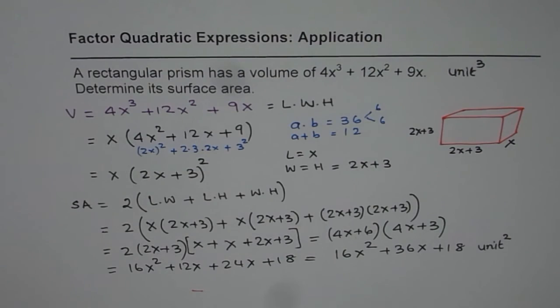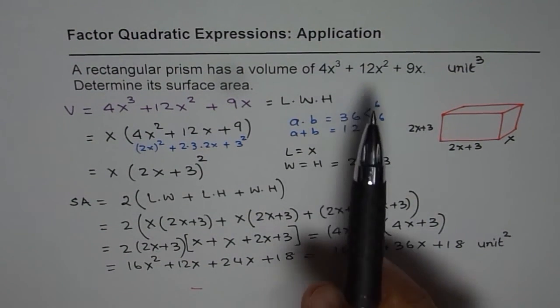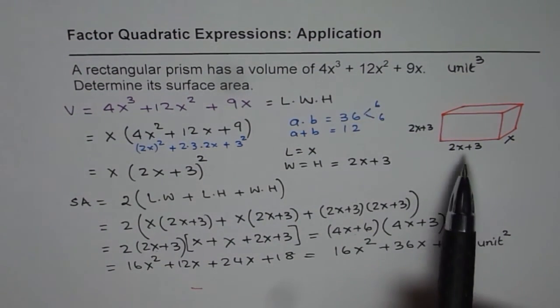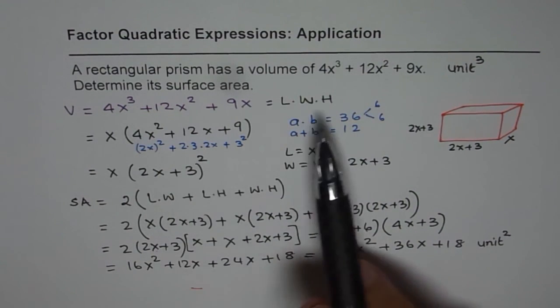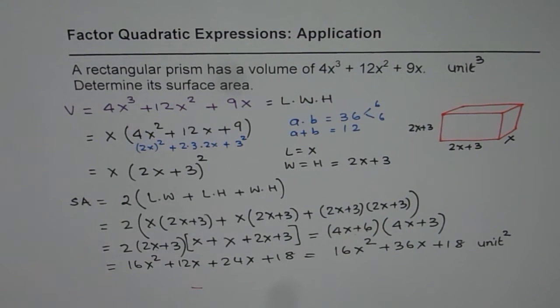So the steps involved are: factor the given expression so that you can find the dimensions, length, width, and height. Associate each factor with each dimension, and then substitute them in the surface area formula, expand and simplify. So follow these steps in such questions. I hope that helps. Thank you and all the best.